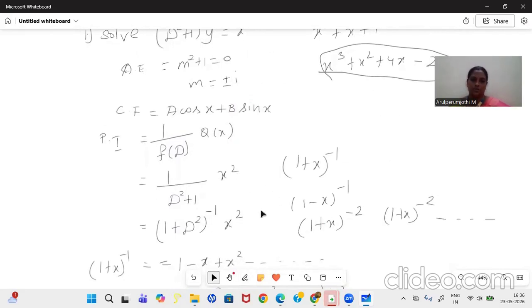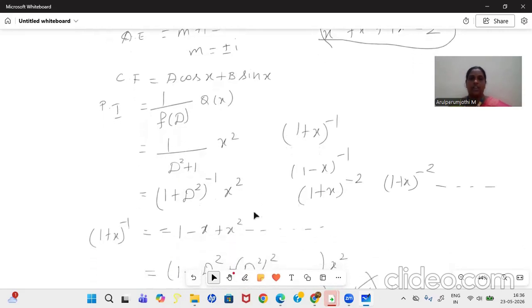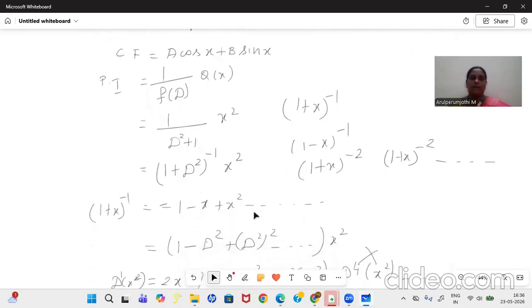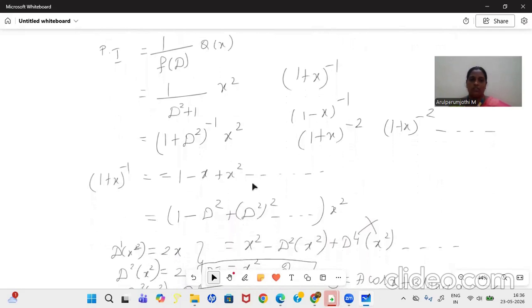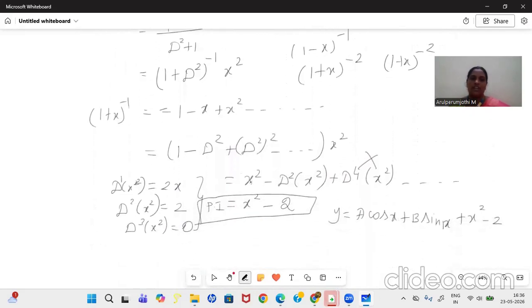You expand this binomial expansion and then multiply with your polynomial. Before multiplying, find the derivatives of the polynomial till it gets 0. Then it is easy to cut short your expansion. After finding that expansion, you can combine your complementary function plus particular integral. Thank you.